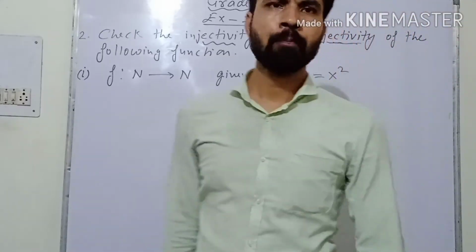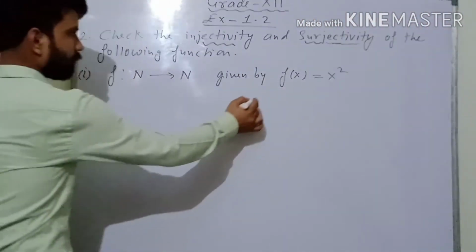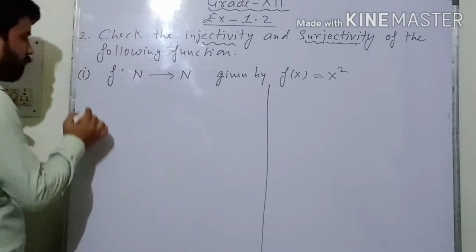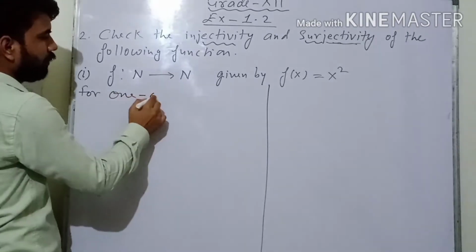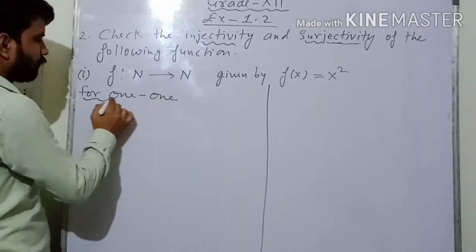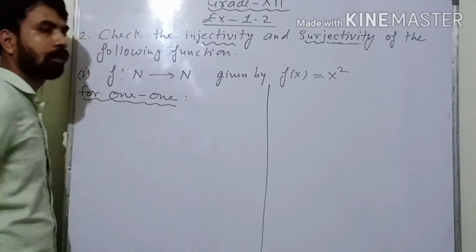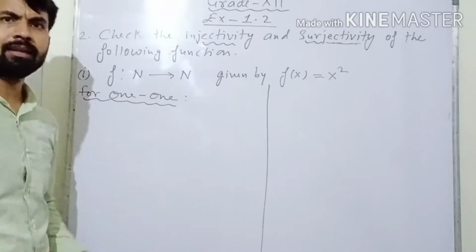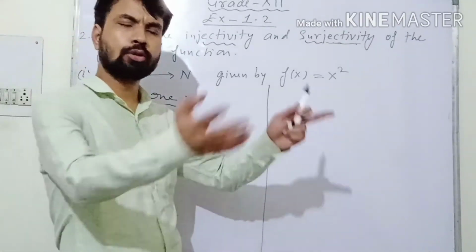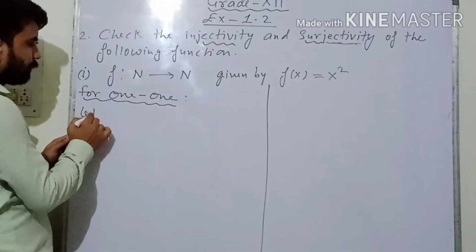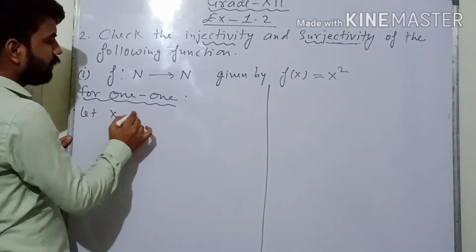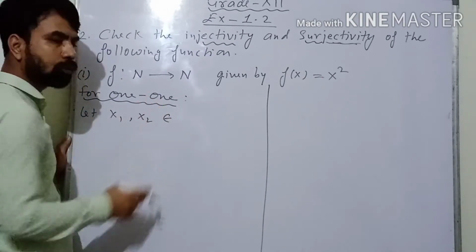So let's start. First of all, I am checking one-one. What we will do? We will consider two different elements belonging to its domain. Let x1 and x2 belong to its domain.